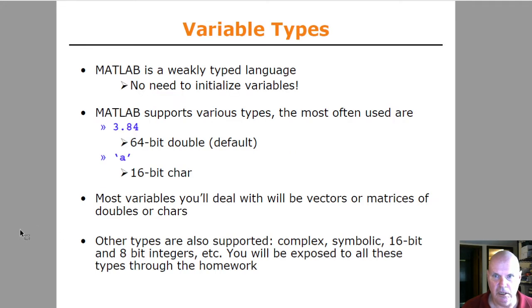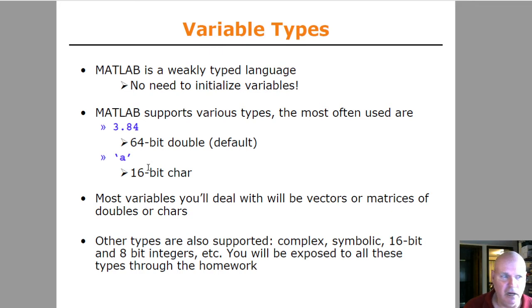So let's see. MATLAB supports different types of numbers. The two most common ones we'll be using are floating point numbers. These are actually stored in what are called double precision numbers, and this is the default in Octave. And then the other type of data type that we'll be using are characters, or strings, and strings are enclosed within single quotes in MATLAB.